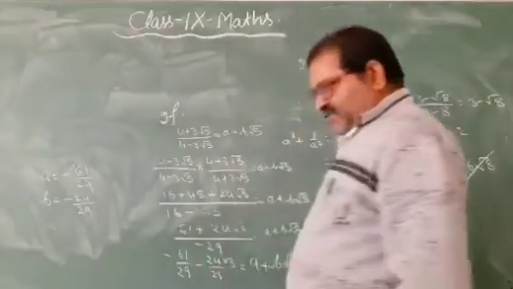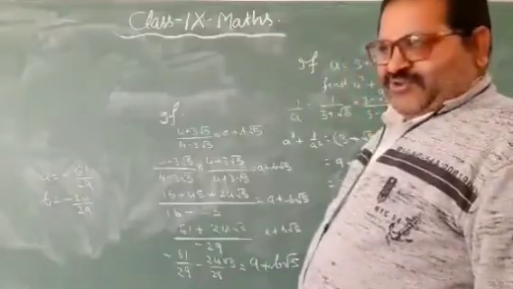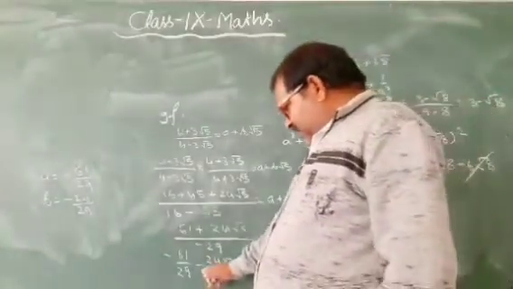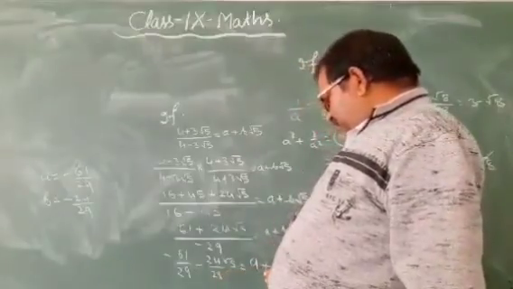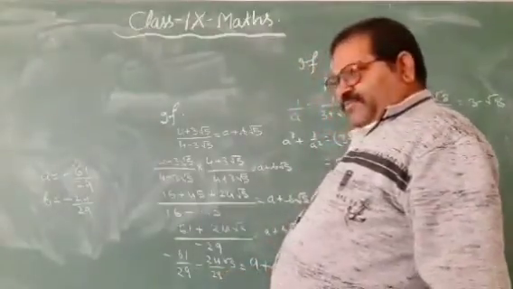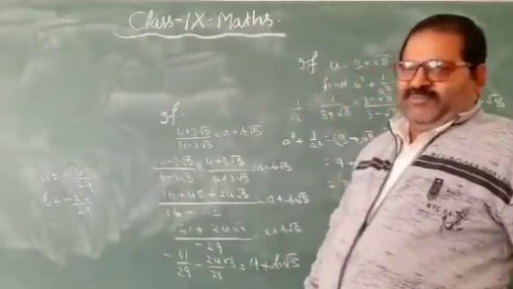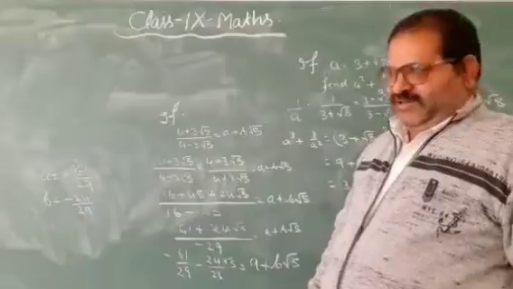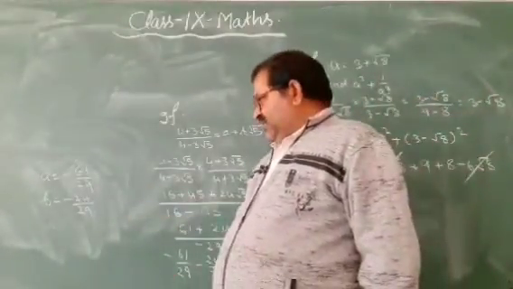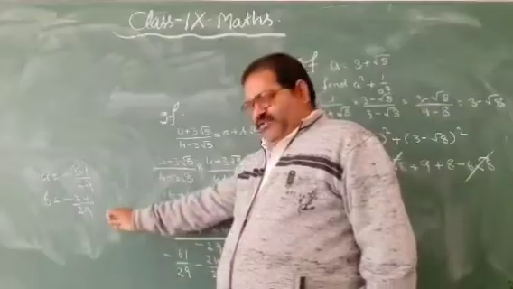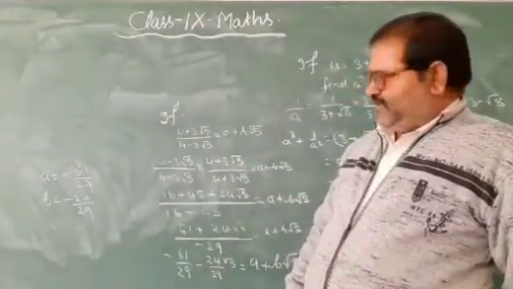Now separating each term, minus 61 upon 29 minus 24 upon 29 under root 5 equal to a plus b under root 5. Now compare the numbers from left hand side to the right hand side, and we get a equal to minus 61 upon 29 and b equal to minus 24 upon 29.